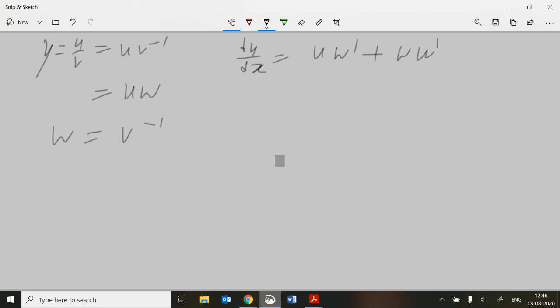Now I'm going to need w dash here. Now what's the derivative of this? Well, the derivative of this function is going to need the chain rule. We're going to times by our original power and reduce it by 1, getting this. And then we need to times by the derivative of the function inside the function, which is the chain rule, right? So times by v dash.